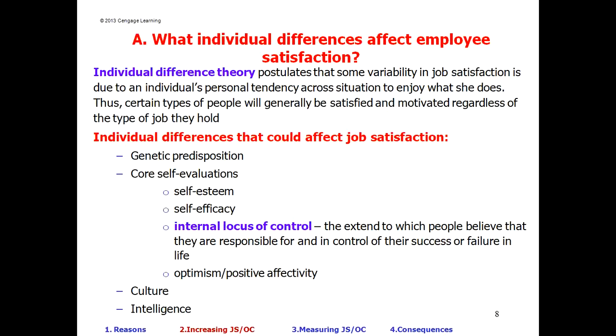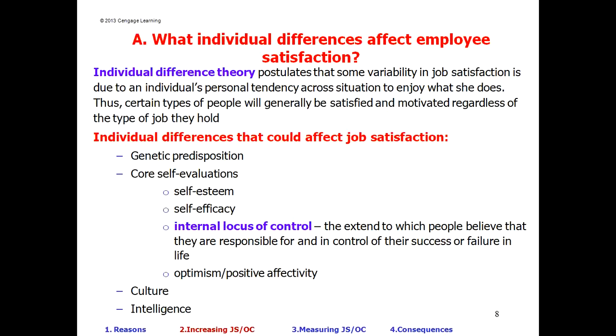The individual differences theory postulates that some variability in job satisfaction is due to an individual's personal tendency across situations to enjoy what he or she does. Thus, certain types of people will generally be satisfied and motivated regardless of the type of job they hold. That is individual differences. Please read it carefully, and your textbook gives a lot of examples of people who have differences in their satisfaction.